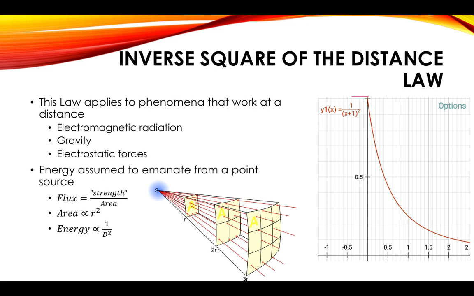So as the area increases proportionately with the radius squared, the energy that passes through each unit area decreases with the square of the distance, or 1 over d squared, which is also seen in the graph to the right that shows how the value of y, or in this case the energy, decreases as the square of the distance x.